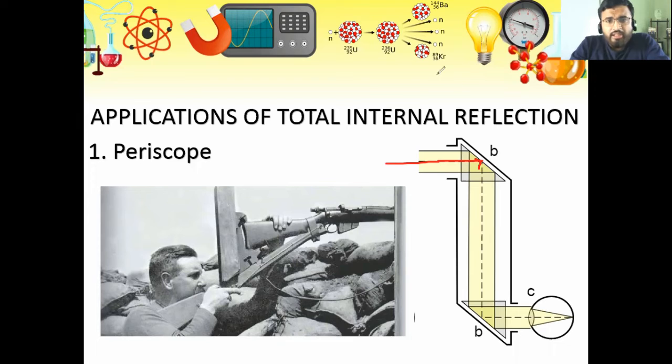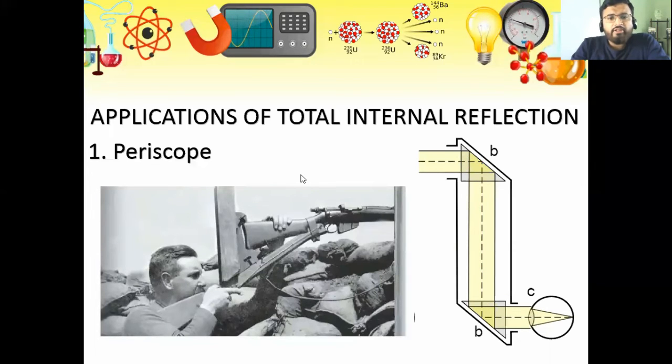So the incoming light ray bounces back at the same angle, and because of this it goes downward. And there is another prism which is near the eye, and it again causes a reflection to occur, and this is how the soldier is able to see even without rising above the bags. He can see what is happening in the battlefield.